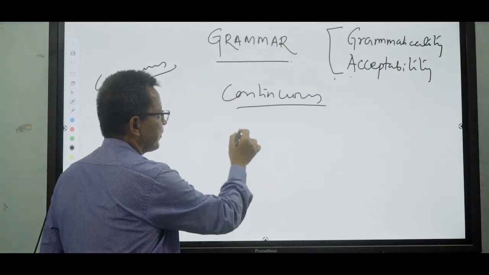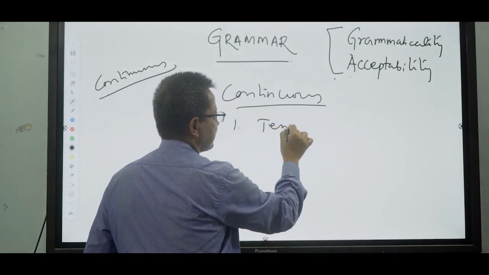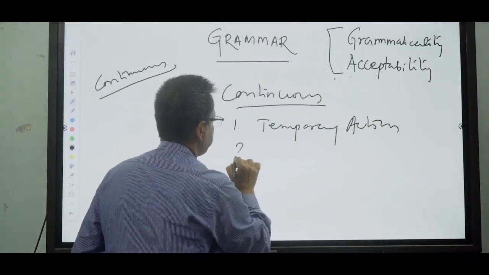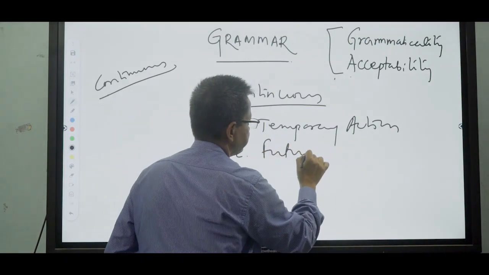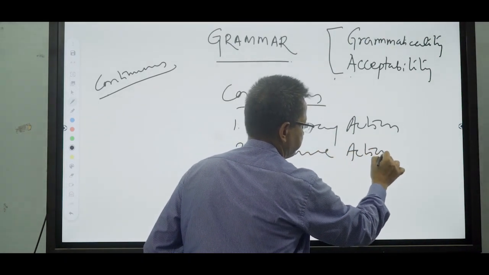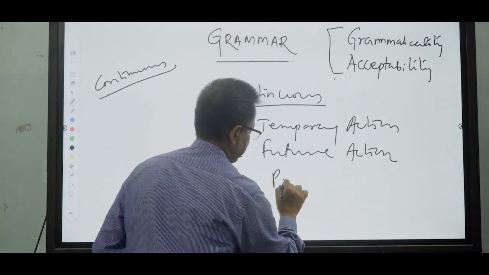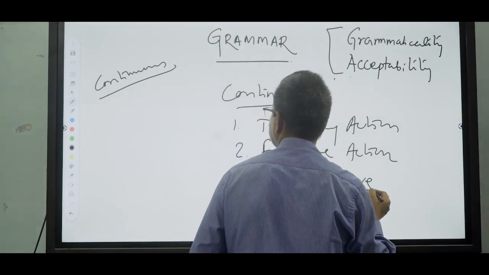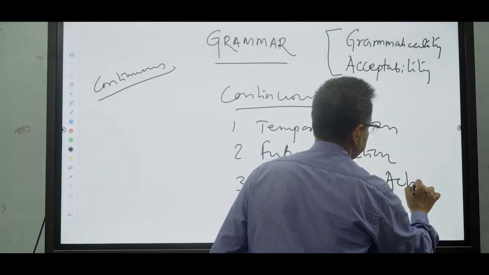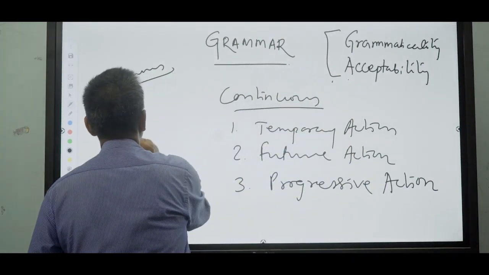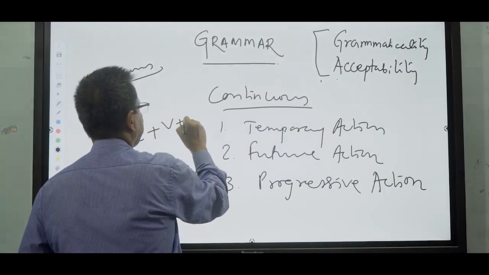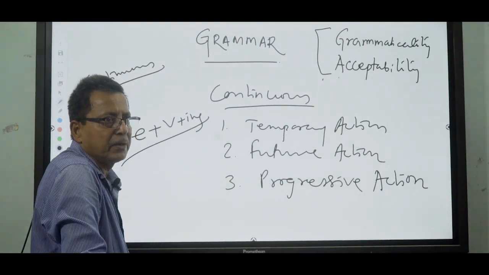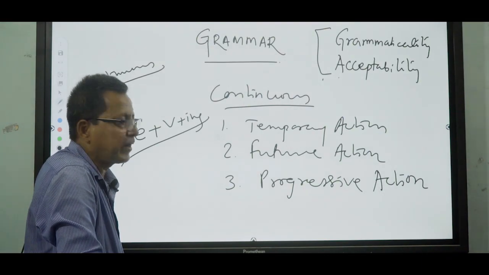They are: number 1, temporary action; number 2, future action; number 3, progressive action. For these 3 types of actions, you will use be plus verb plus ing. I am going, I am taking, I am cooking, I am playing, like this.